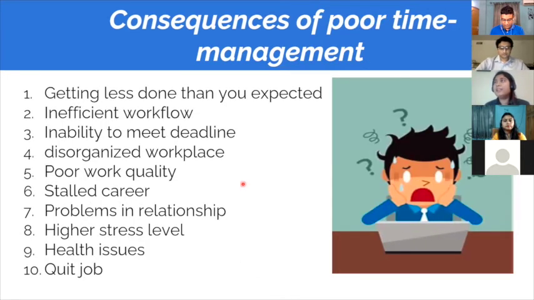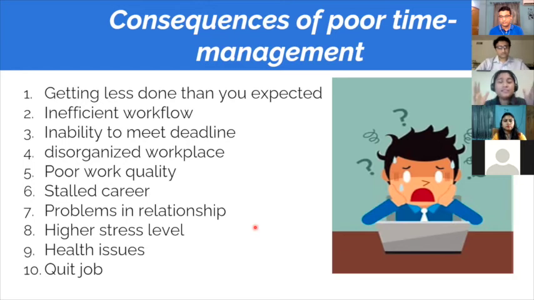The next one is what will be the consequences of poor time management. Here we can see that you get less done than you expected. When you are not good at time management, you sometimes put too much time on one part of the job, and when you see, oh my god, I don't have much time left, you have insufficient time.